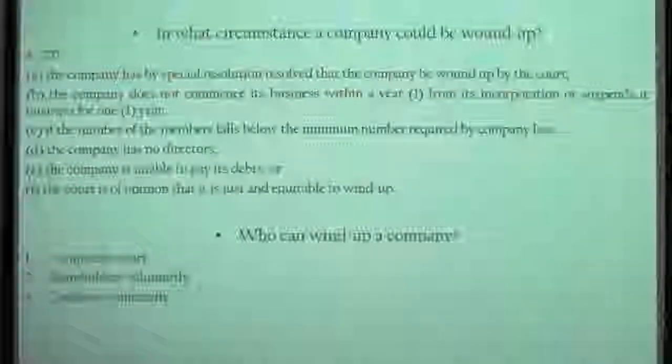Secondly, there could be voluntary winding ups.